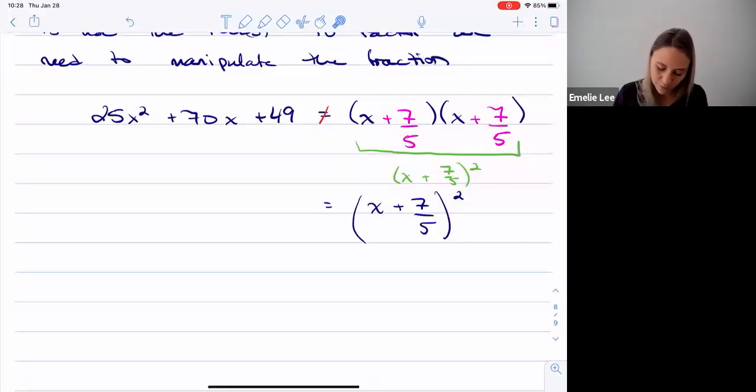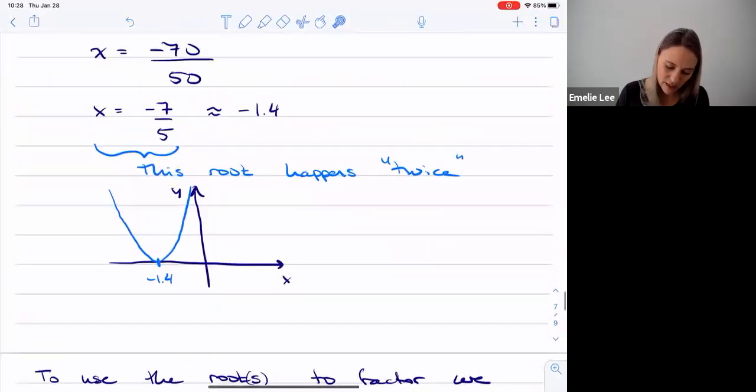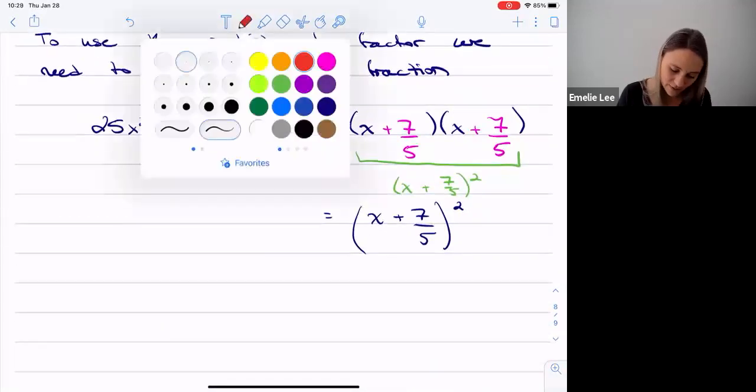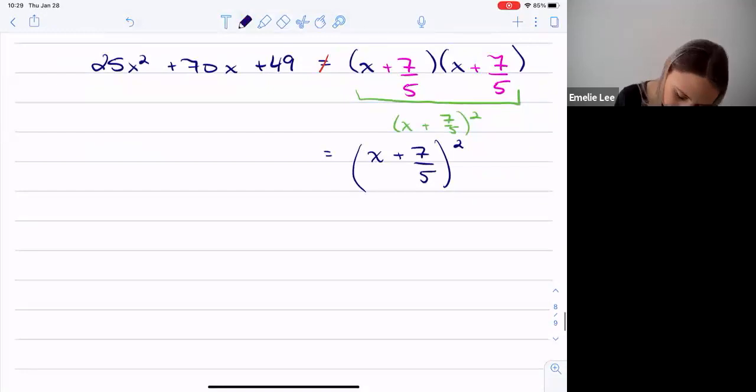What I need to do is multiply by this 5 over here. 5x should be equal to negative 7. So then what I have is 5x plus 7, and this should work.